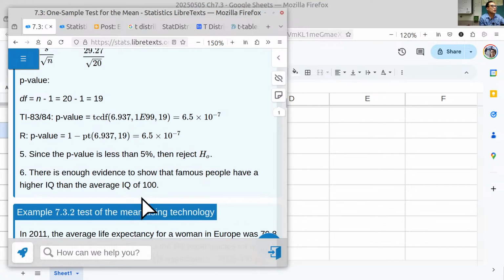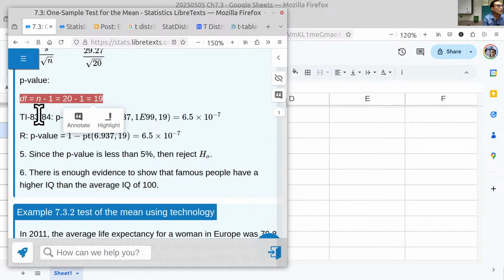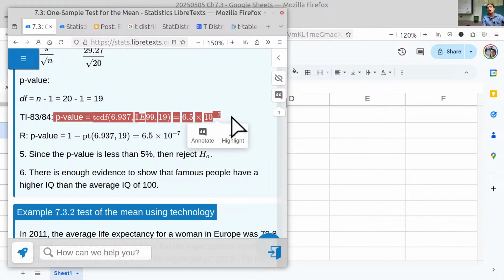Next question, and now it becomes a little bit hard. How do we calculate the p-value? First of all, we need to get the degree of freedom, which is n minus 1: 20 minus 1, that will be 19. According to the calculation, the p-value is 6.5 times 10 to the minus 7.